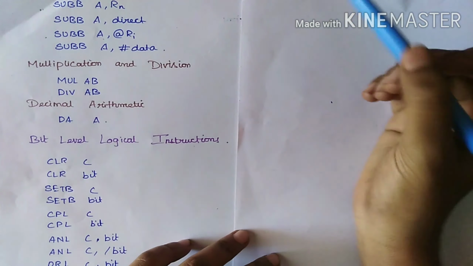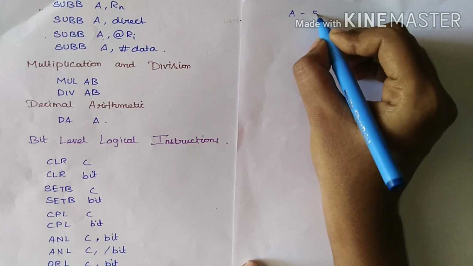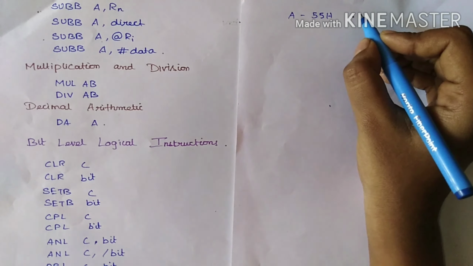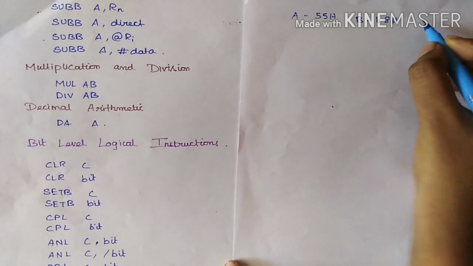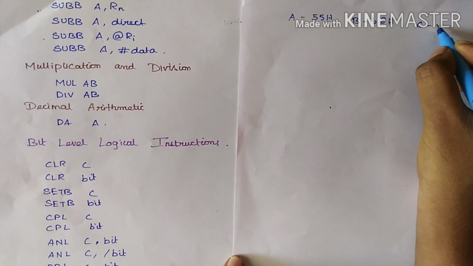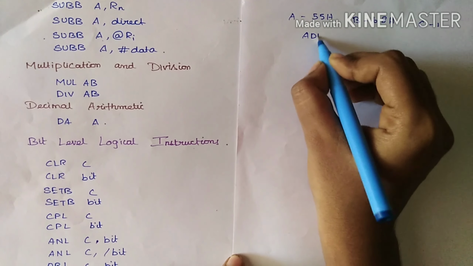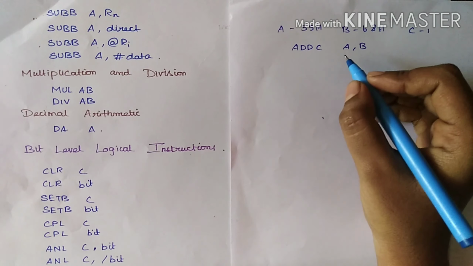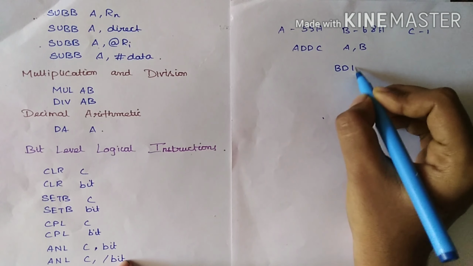Okay, now let us go with an example. Assume that A has the value of 55H and B has the value of 68H. Also the carry flag has the value of 1. Now on the instruction ADDC A, B, the result will be BDH.